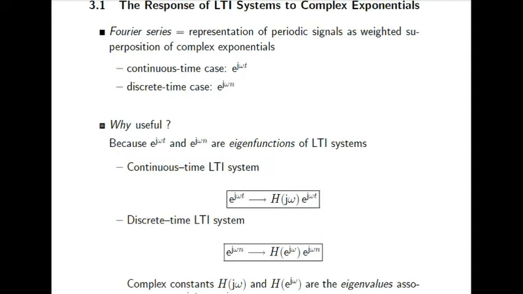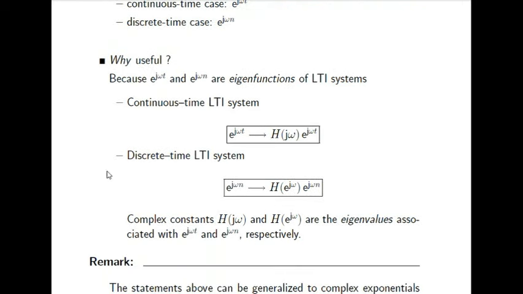For continuous time LTI systems, the complex exponential e to the power j omega naught t will be represented as H of j omega multiplied with e to the power j omega t. And for discrete time LTI systems, e to the power j omega n will be represented as H of e to the power j omega multiplied with e to the power j omega n.